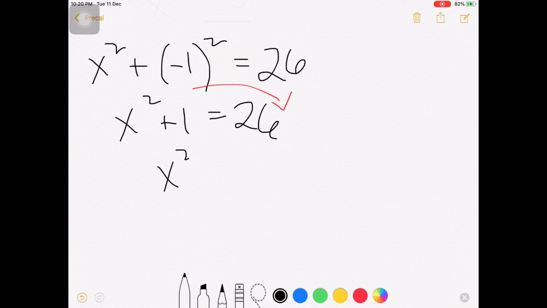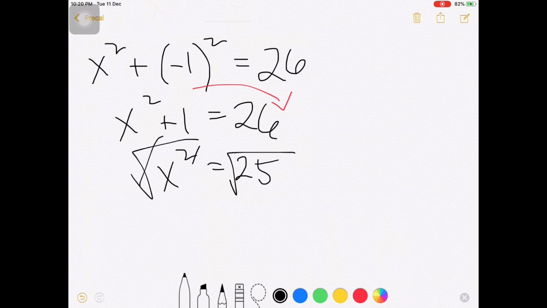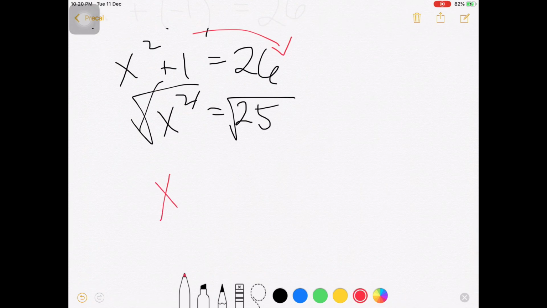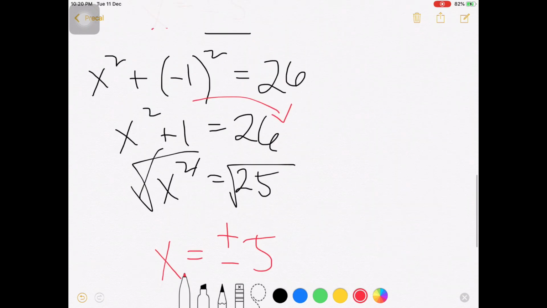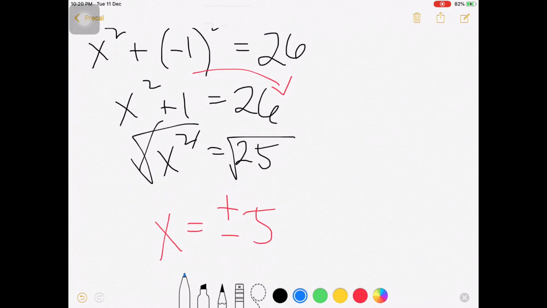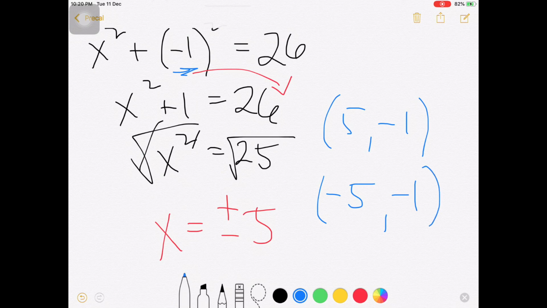So we will have x squared is equal to 26 minus 1, we will have 25. Get the square root. We will have x equal to positive and negative 5 as well. So our next 2 points, we have 5, negative 1 because we substituted negative 1. Then we have negative 5, negative 1.